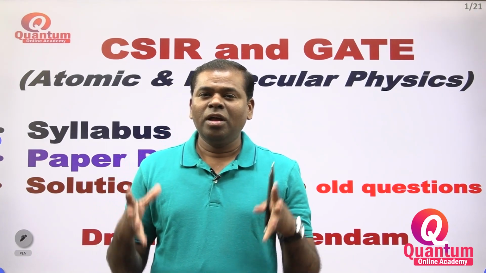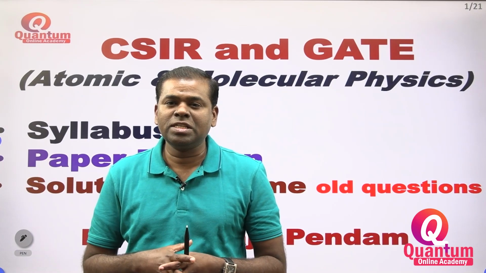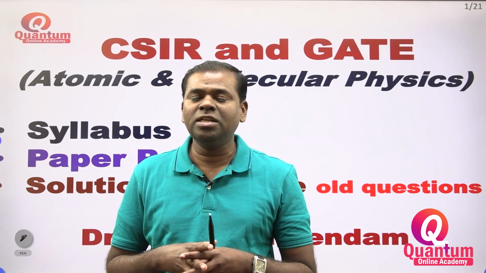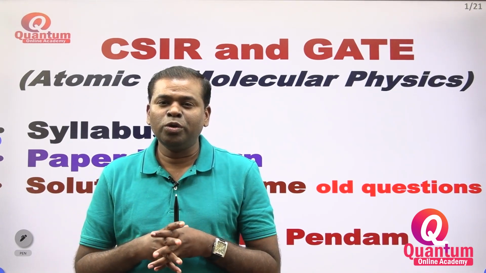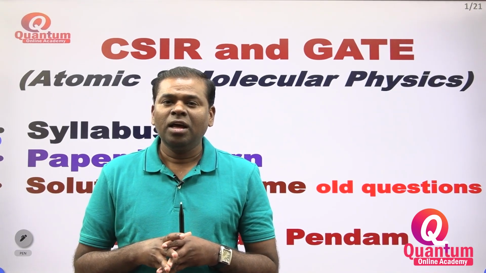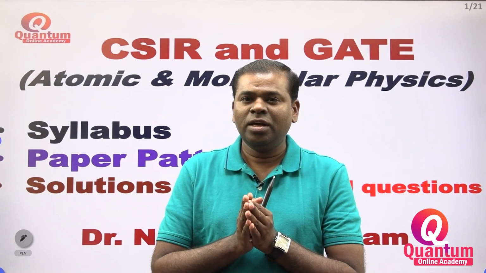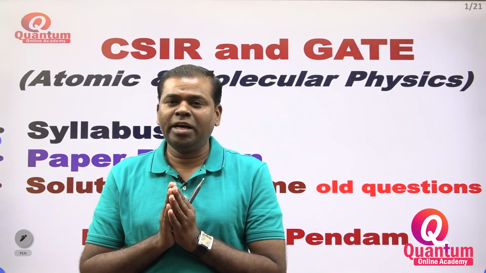Today we want to discuss the atomic and molecular physics CSIR and GATE exam strategy, paper pattern, and old question solutions. Already I told you in mathematical methods of physics, I segregated it into 10 parts.